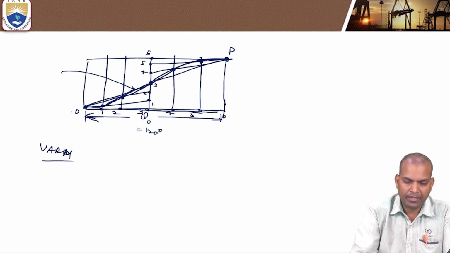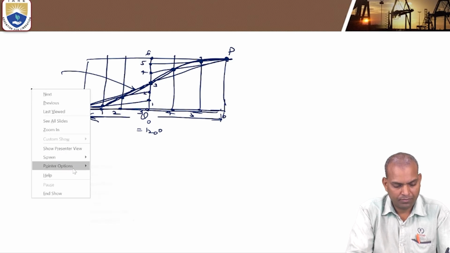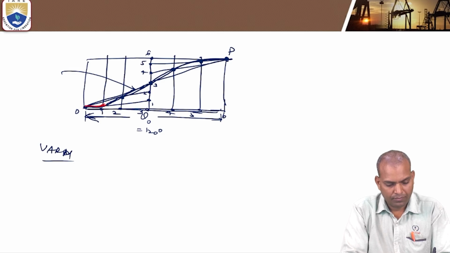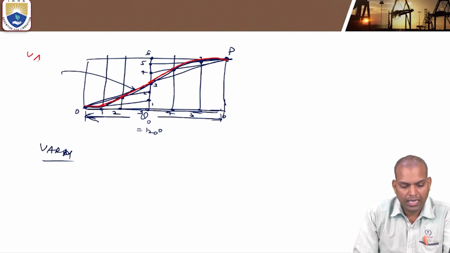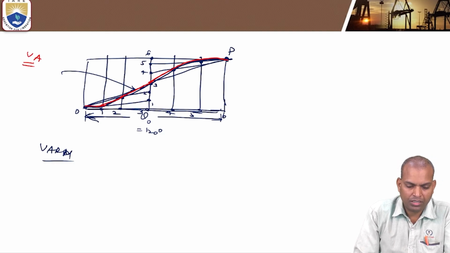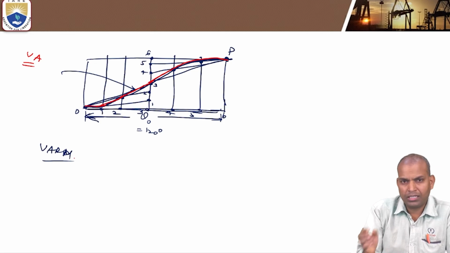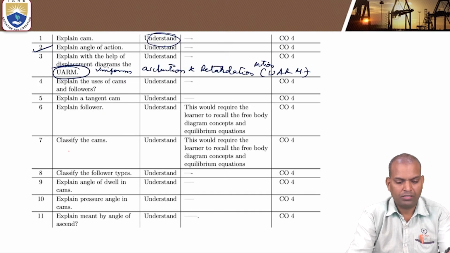That curve is the parabola. This is called the displacement curve of uniform acceleration and retardation motion. The retardation takes place when it is descending. So that is the explanation for this.